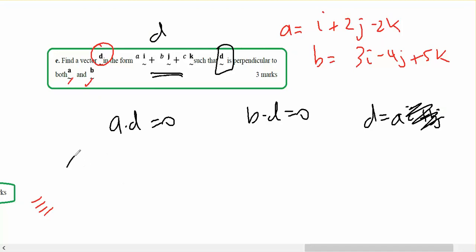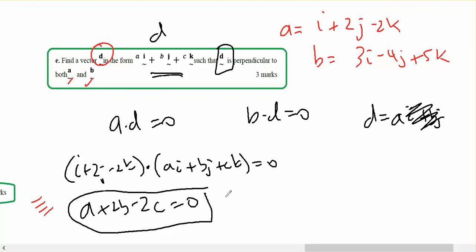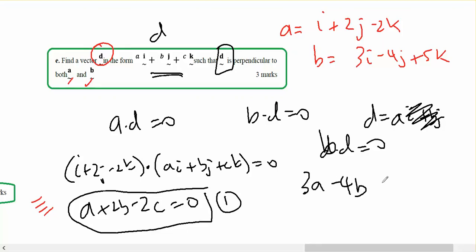So therefore, I plus 2J minus 2K dot A in the I plus B in the J plus C in the K has to equal 0. So A plus 2B minus 2C equals 0 is equation number 1. And B dot D equals 0, therefore 3A minus 4B plus 5C also equals 0.